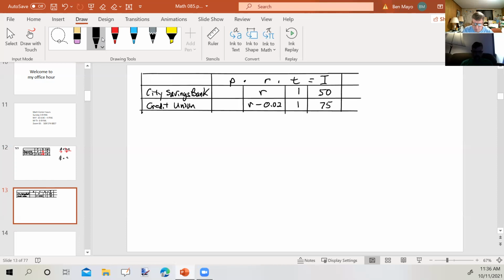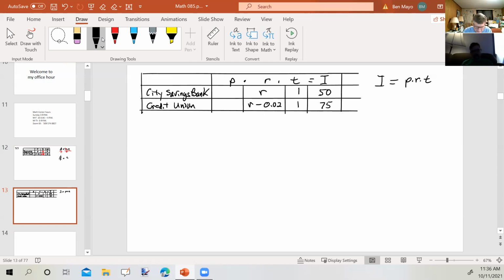Okay, so this table has to do with the simple interest formula, I equals PRT. Interest equals principal times rate times time.